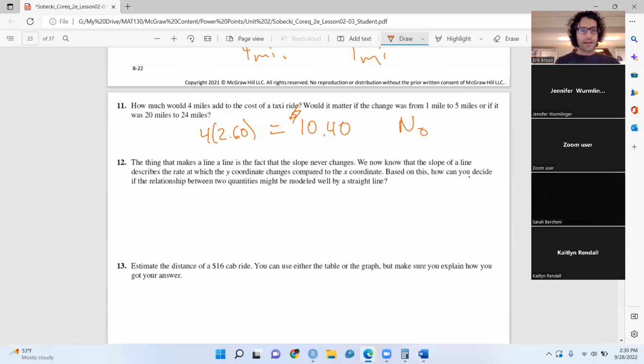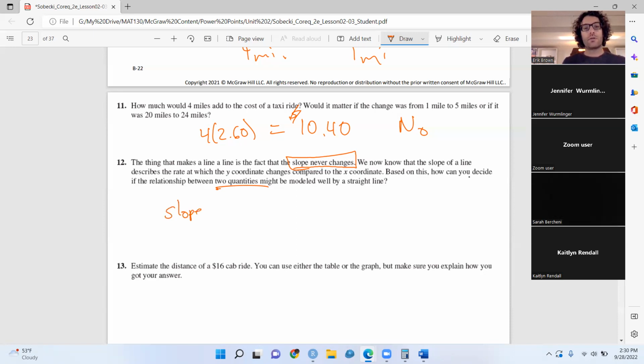Okay, so the thing that makes a line is the fact the slope never changes, right? That is the constant. So we know that the slope of a line describes the rate at which the y coordinate changes compared to the rate at which the x coordinate changes. So if we wanted to decide if our 2 quantities are linear, we're looking to see if that's constant over all the points.